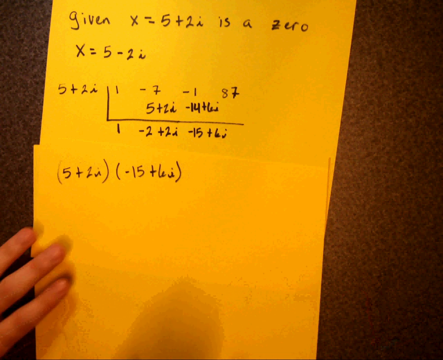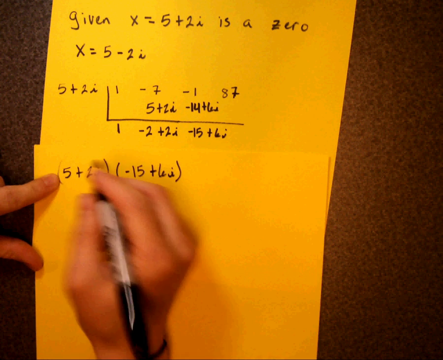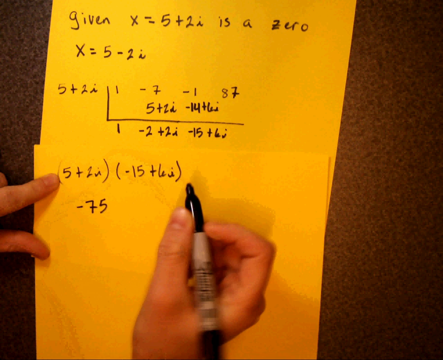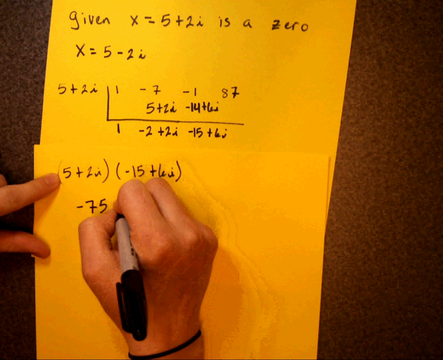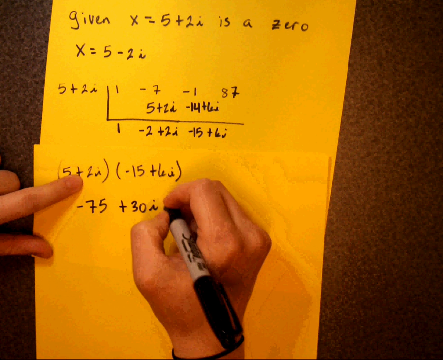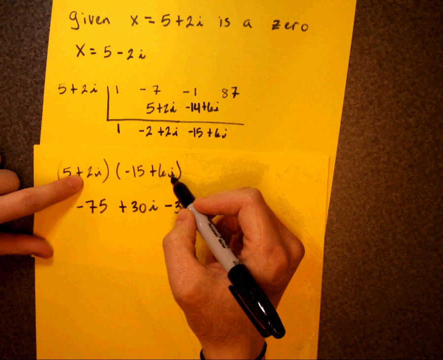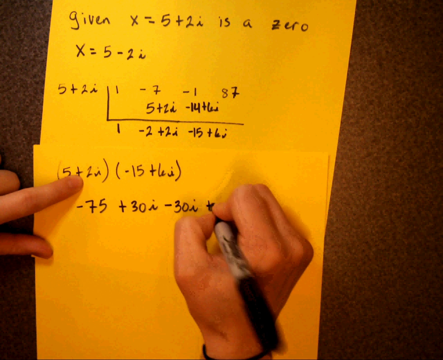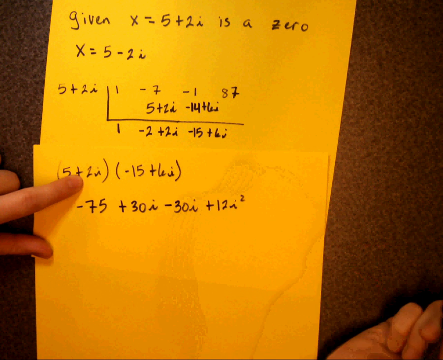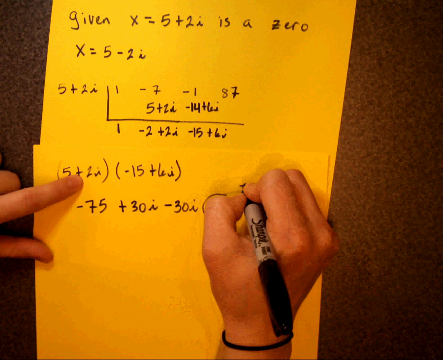All right, so let's multiply. 5 times negative 15 is negative 75. 5 times 6i gives me positive 30i. 2i times negative 15 gives me negative 30i. And 2i times 6i gives me positive 12i squared. Positive 12i squared is negative 12.